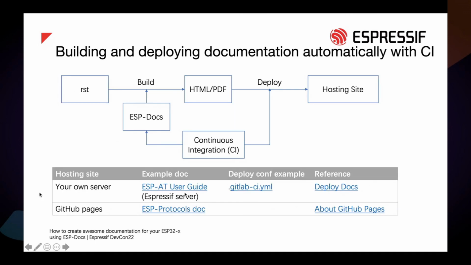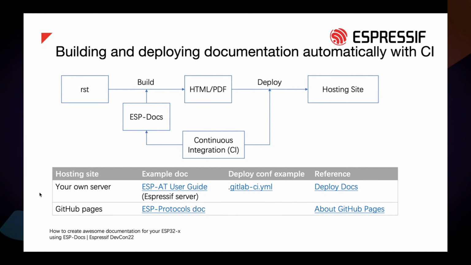Okay, so then building and deploying documentation automatically with CI, or continuous integration. The whole workflow is you prepare some RST files and GitHub continuous integration, or CI, builds the documentation using ESP Docs into HTML, and CI again deploys the built documentation onto a hosting site.